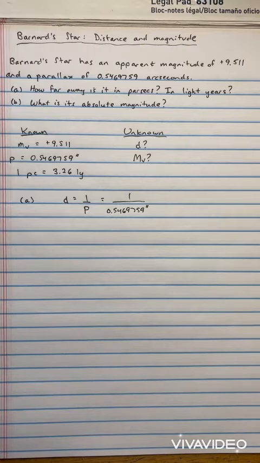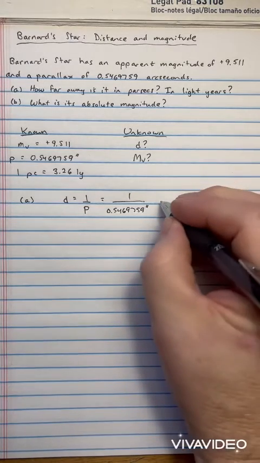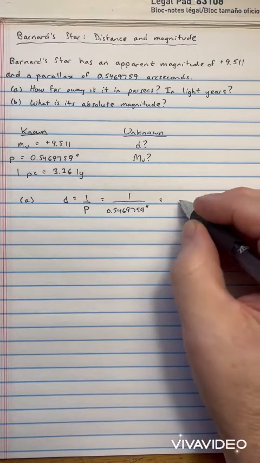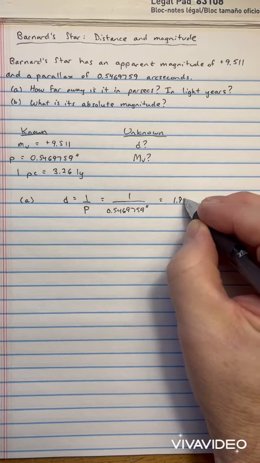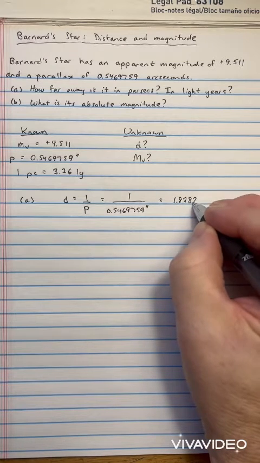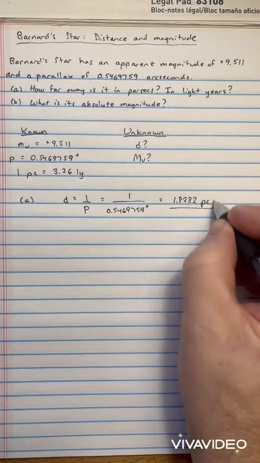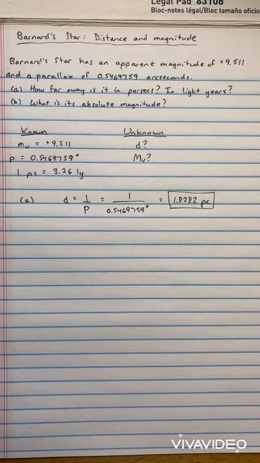Again, this formula is specifically set up to find distance in parsecs. Now I'm going to round off a little bit so that we don't go crazy with these digits. You don't need to have all of them, it turns out, but if we do that, that is our distance in parsecs.